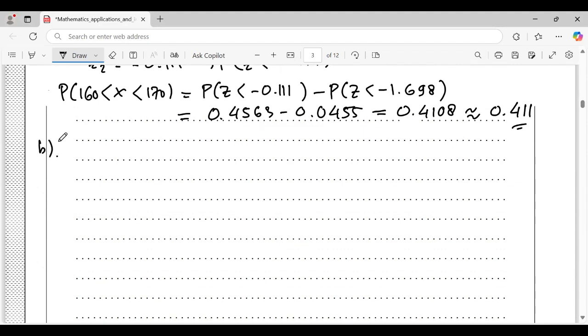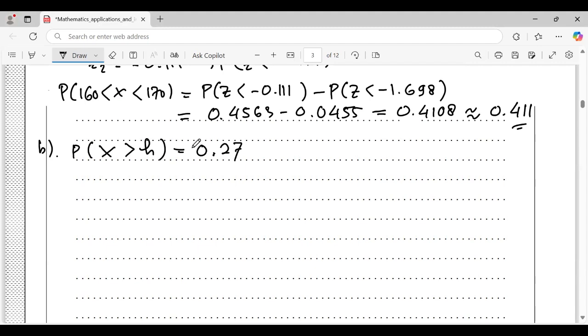We need to find the value of h such that the probability that a Dutch woman's height is greater than h is 27%. Or in probability form, I will write it like this. Probability that x greater than h is 0.27, because 27% is 0.27.